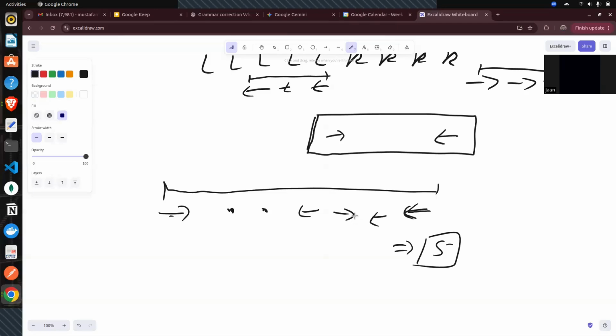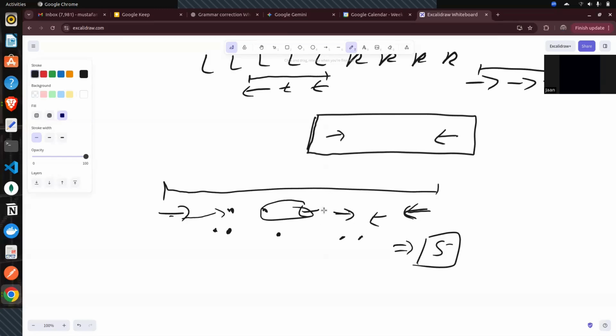But now check whether it is possible that it is less than 5. It is also not possible because the collisions will take place one after another. Let's assume that this will collide with this and it will come into static. We can make two static, and this will collide with this and it will also come into static position, and this will collide with this and both will come into static position.